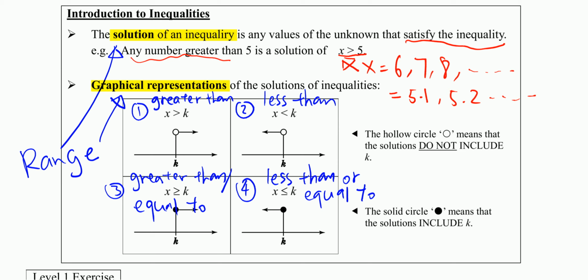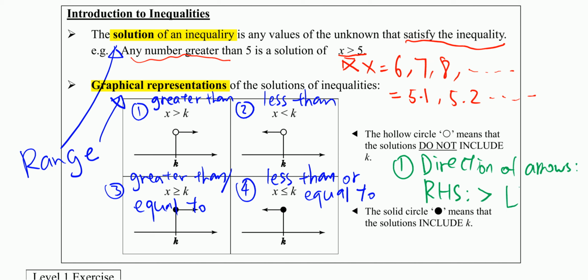So first of all, for the direction of arrows, if the arrow is pointing to the right, that means greater than. And vice versa, the left hand side means less than.